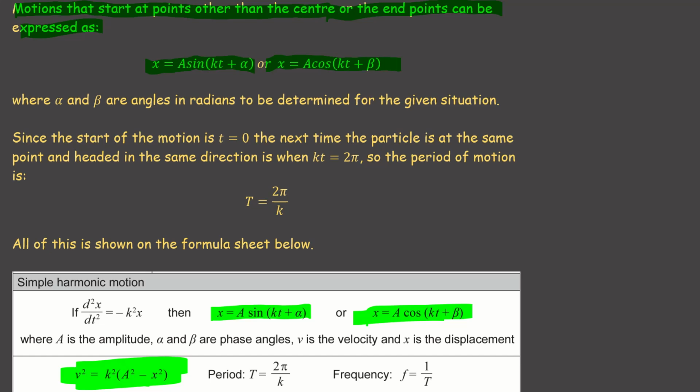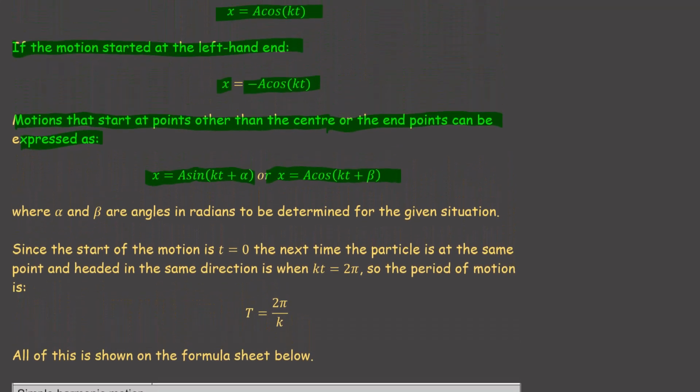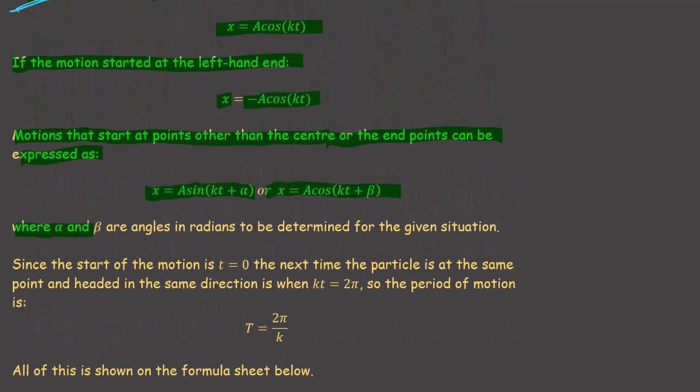Again, that one is on the formula sheet. Alpha and beta are angles in radians. Very important, we're working in radians here. Whenever you're using angles as numbers, you have to be working in radians, plus we're doing calculus. These are to be determined for the given situation.